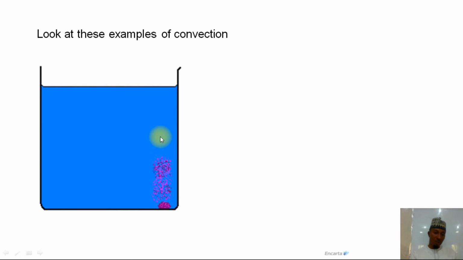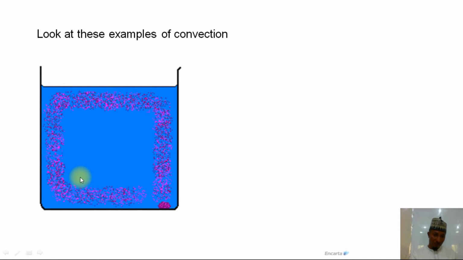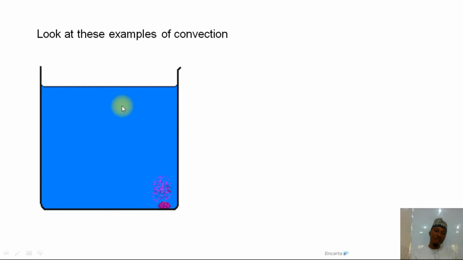You will notice this color movement taking place. The color of the crystal that dissolved in the liquid will tend to rise, and then at a point the color will fall back. The process will continue on and on like that.